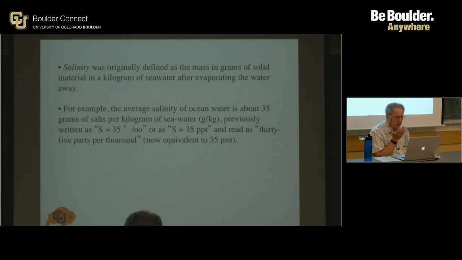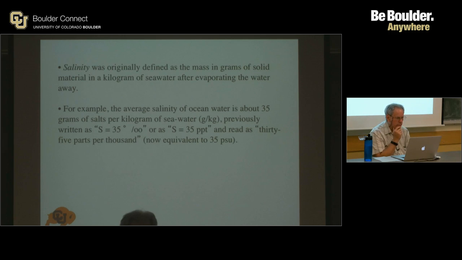Okay, in the old days, salinity was originally defined as the mass in grams of solid material in a kilogram of seawater after evaporating the water away. Turns out to be an impossible measurement.